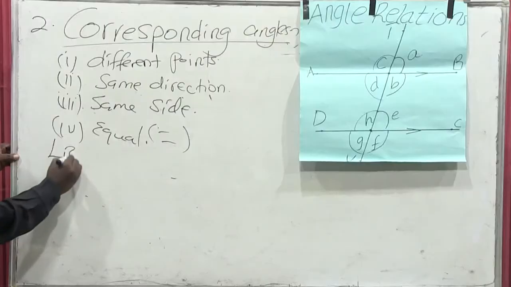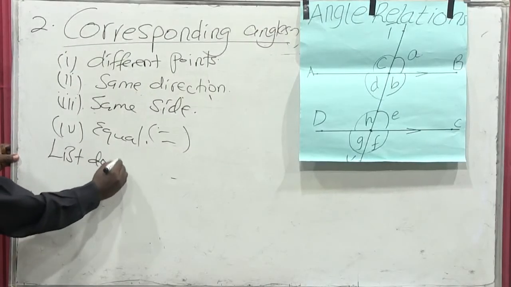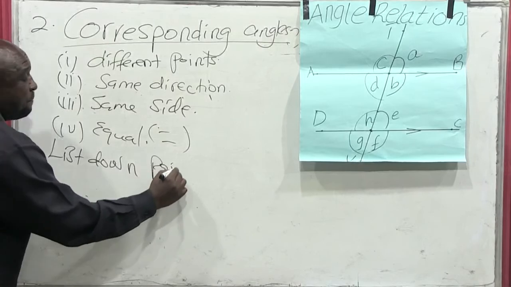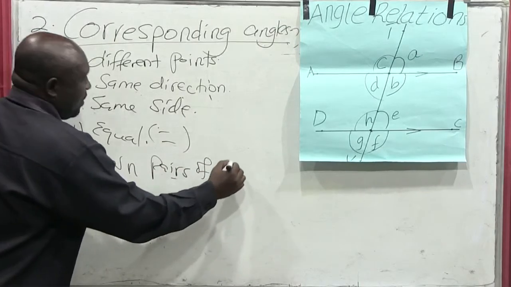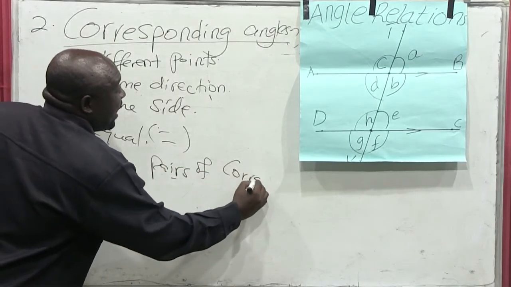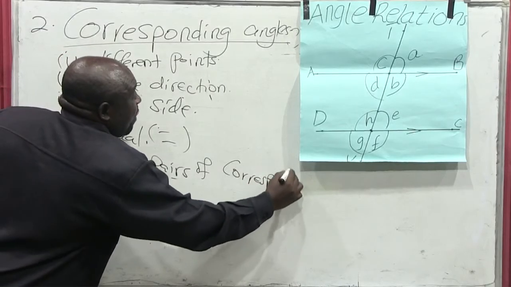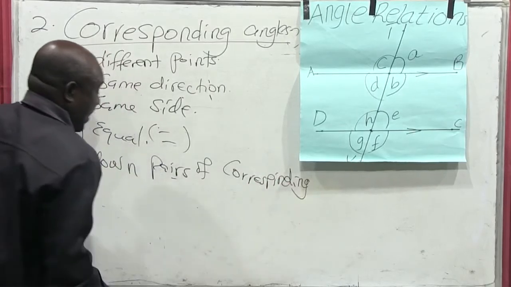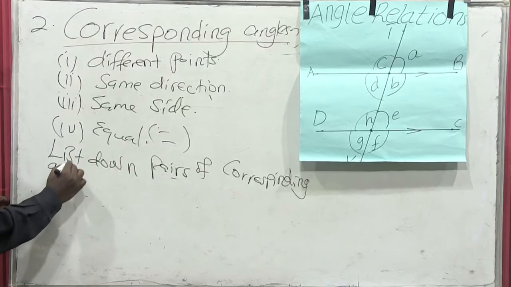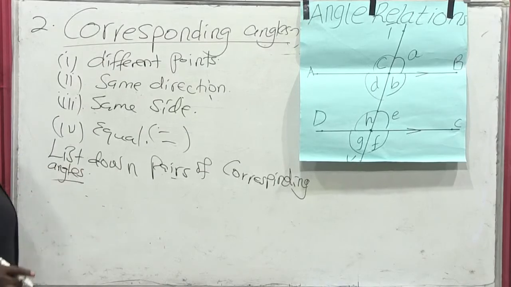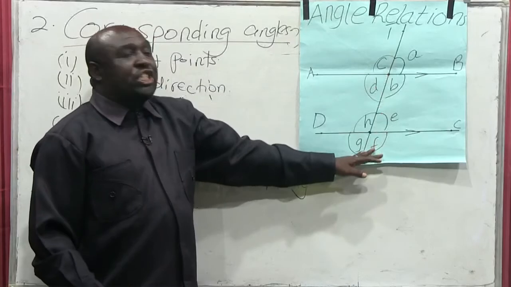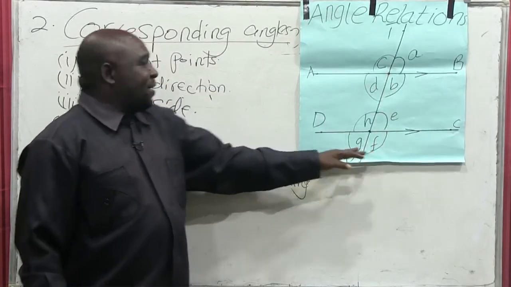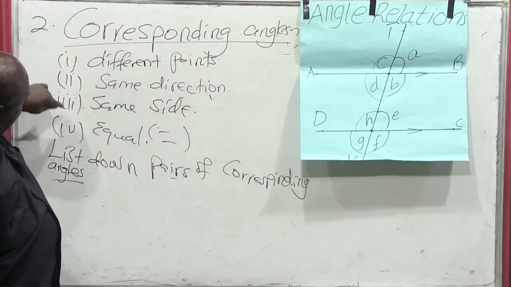Now, can we list down pairs of corresponding angles from this angle relation chart, which have the four features there?